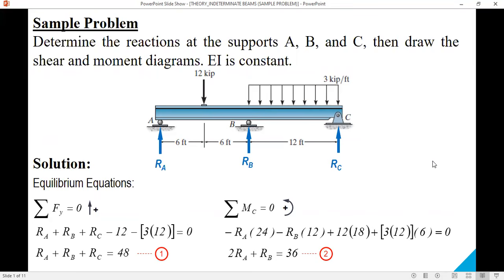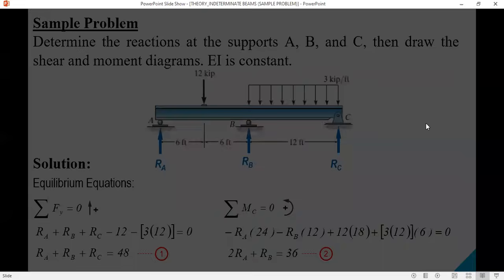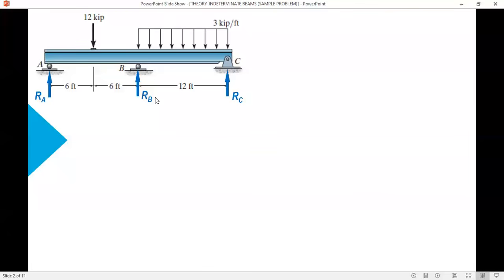This is where we're going to use the double integration method. Using the Macaulay bracket function, we will cut a section somewhere in BC and denote the distance of this cutting section from A as X, and then you have the resisting, internal moment.